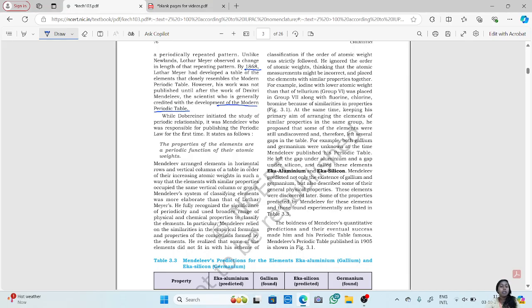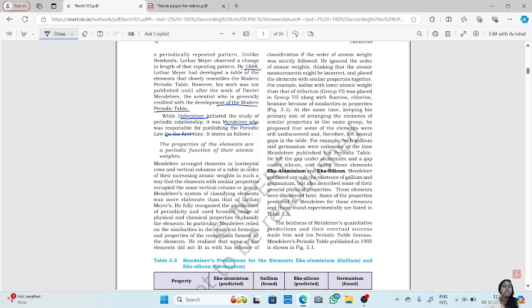While Daubigny initiated the study of periodic relationship, it was Mendeleev who was responsible for publishing the periodic law for the first time, even though the study of periodic relationship was started by Daubigny.